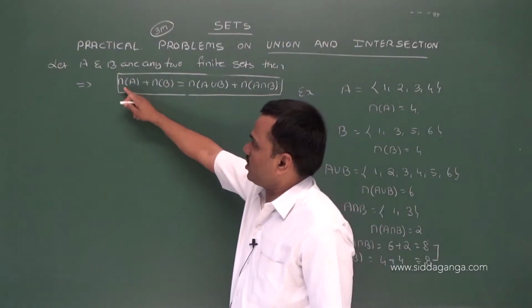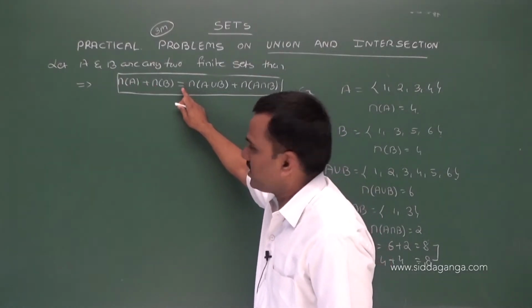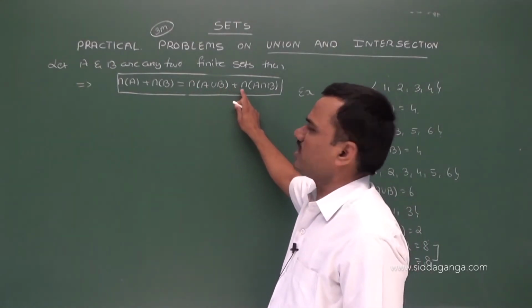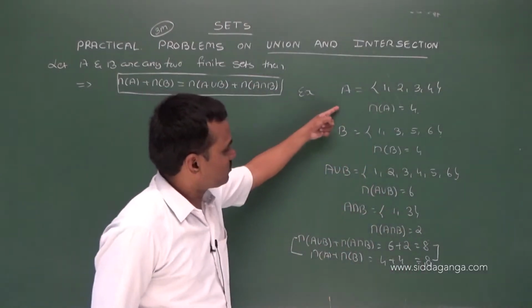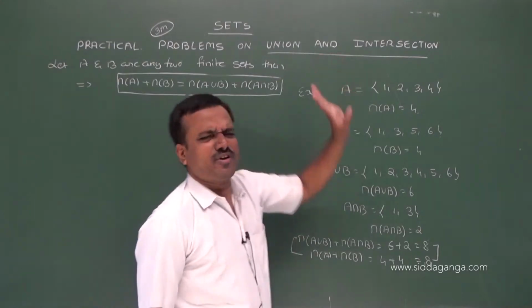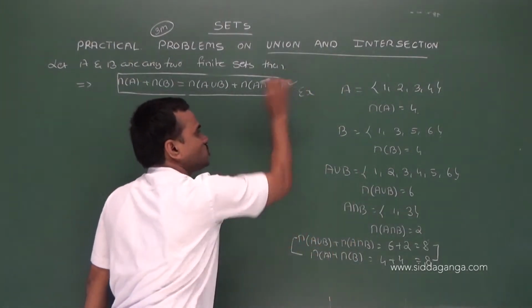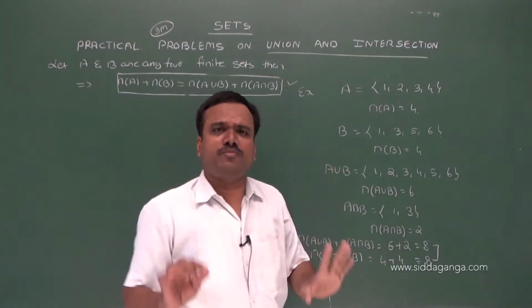So n of A plus n of B is always equal to n of A union B plus n of A intersection B. For any finite set you take, this result holds true.